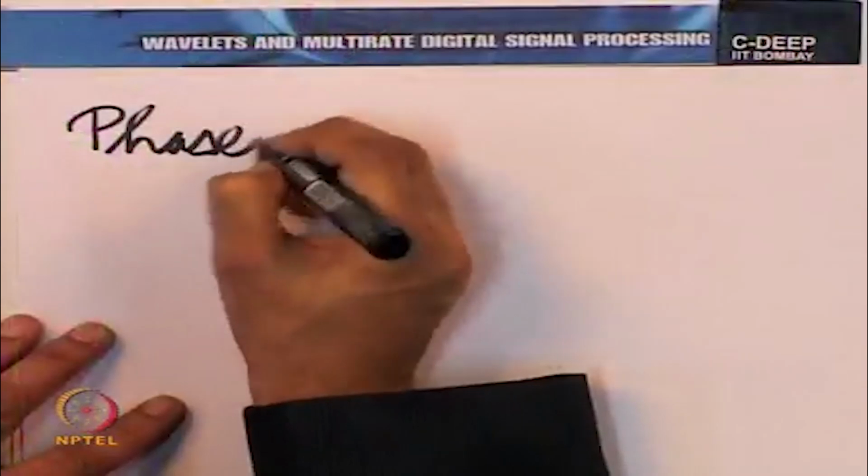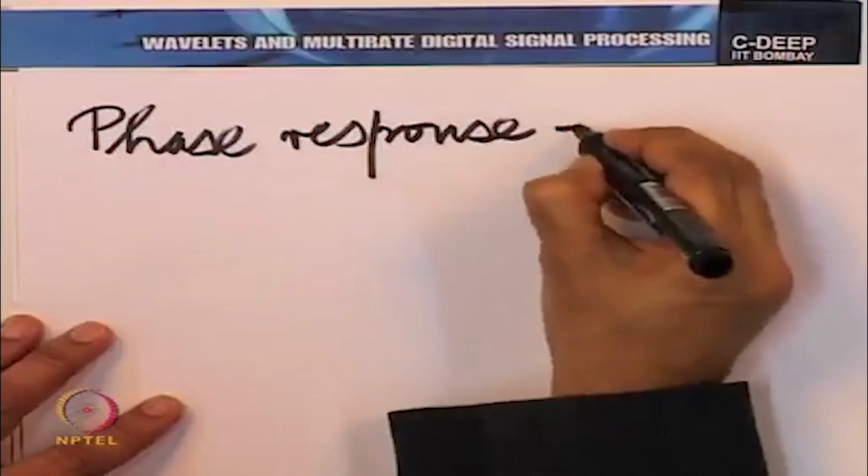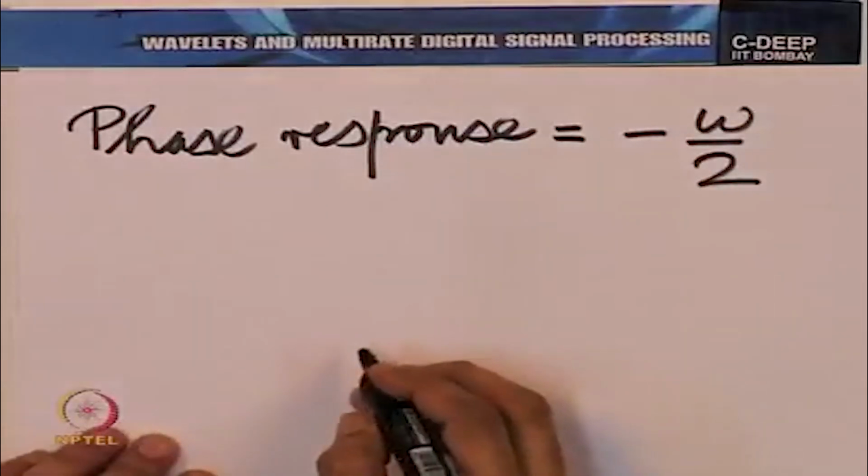But for the moment, let us complete our discussion by also drawing the phase response. The phase response of this filter is as follows. The phase response, as we noted, was minus omega by 2.